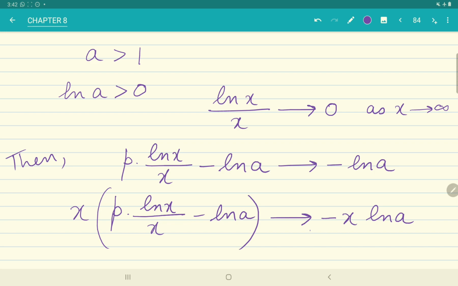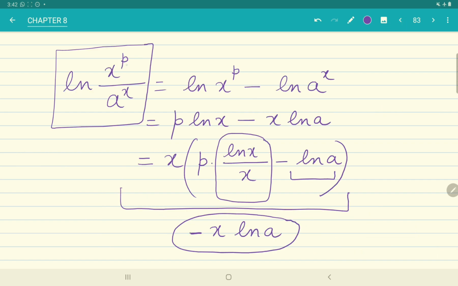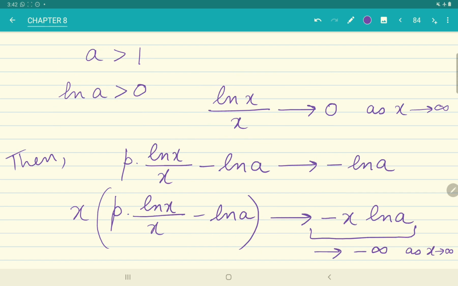And I know that this expression tends to minus infinity as x tends to infinity. So obviously that means ln x^p by a^x will tend to minus infinity as x tends to infinity. But I would like to actually prove that ln x by x tends to 0 as x tends to infinity. Only then my proof would be complete.